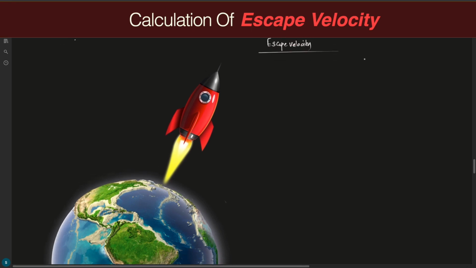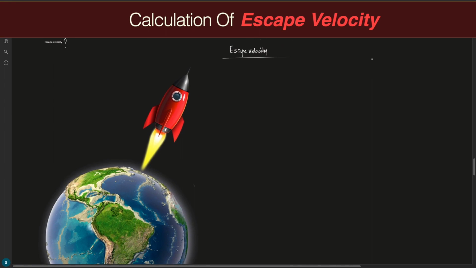So now in this class we want to calculate what that velocity is that we need to get rid of the earth's gravitational field. We have seen that the gravitational potential energy is GMm by r.